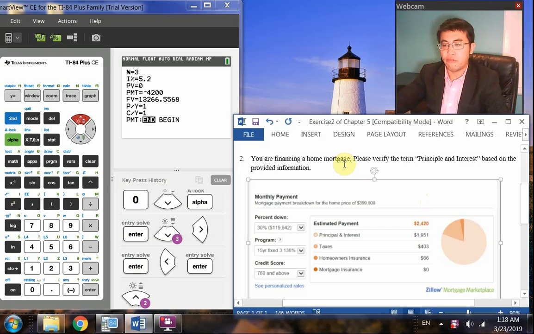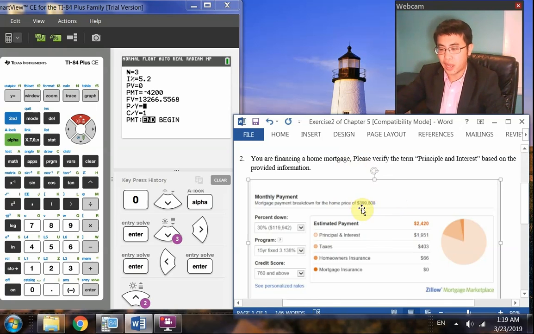So here you are financing a home mortgage. Well, congratulations, you are just getting a new house. The thing is, you are also carrying debt, and the mortgage is calculated based on the money you borrow from a bank. Here is a screenshot I got from Zillow.com of a house in Orland Park.